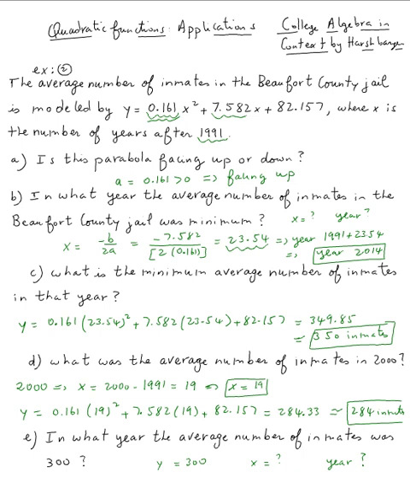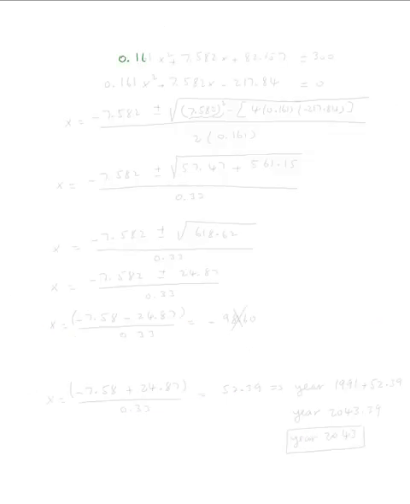So y is 0.161x squared plus 7.582x plus 82.157, and it's equal to 300. We need to solve for x.